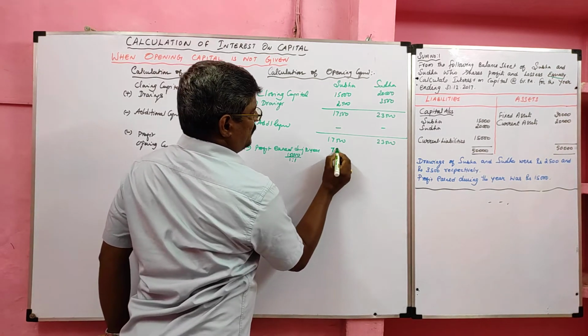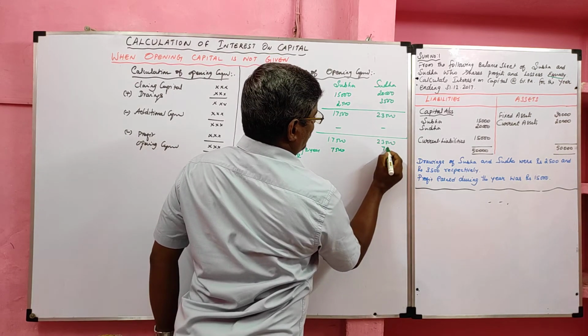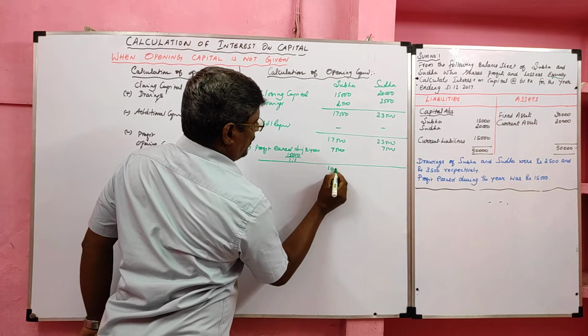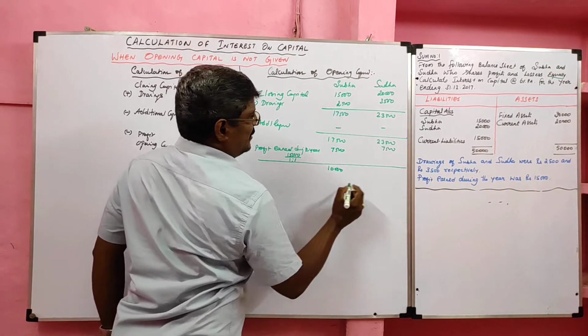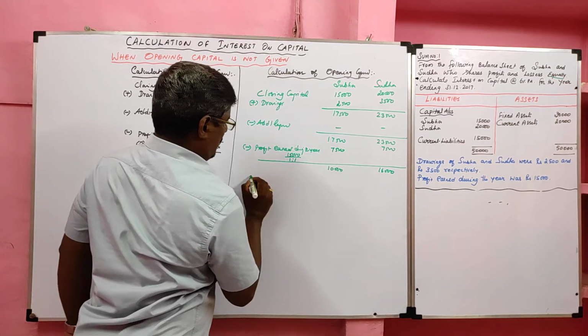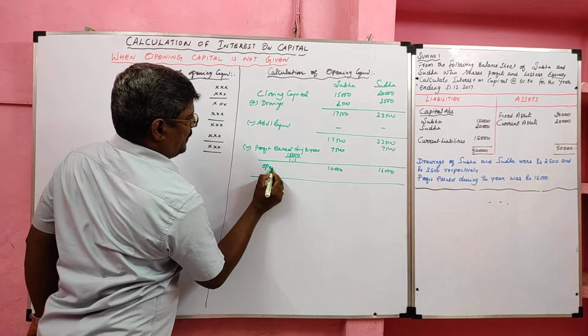For Subha 7,500, for Sudha 7,500. So now we found our opening capital. Subha's opening capital 10,000, Sudha's opening capital 16,000. These are all opening capital.